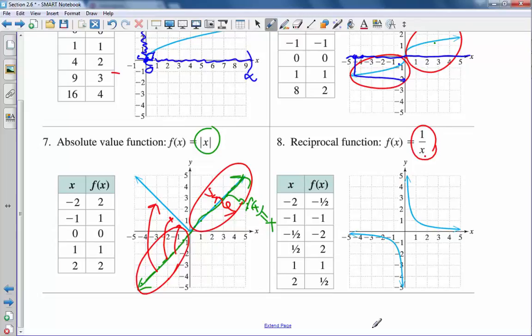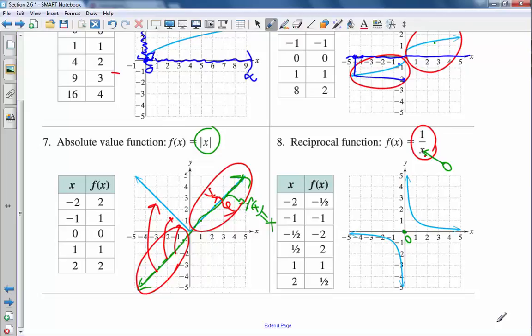There is one odd thing about this function: what happens if you enter the value 0 for x? What value does it go? Do you hit anything on the curve when you plug in 0? It's almost tangent to the y-axis. It's almost touching it, but it's never really touching it. So there is no value you can compute if you enter 0. 1 over 0 is undefined.